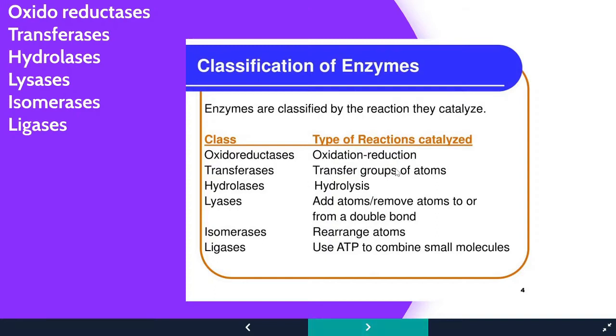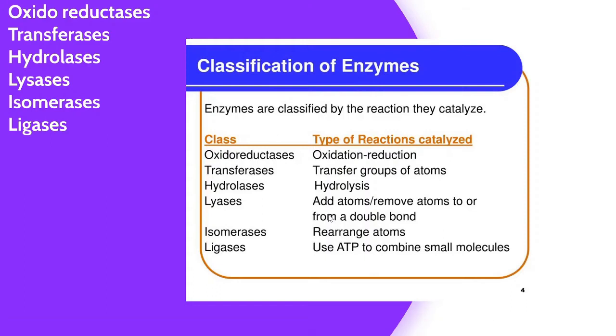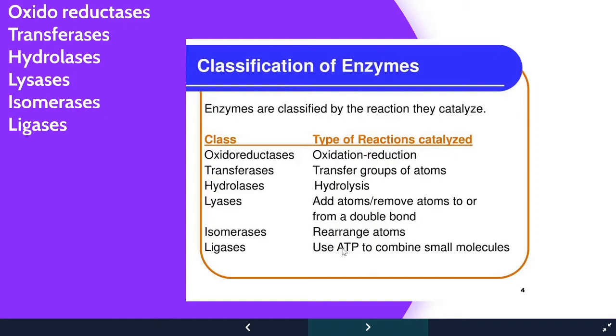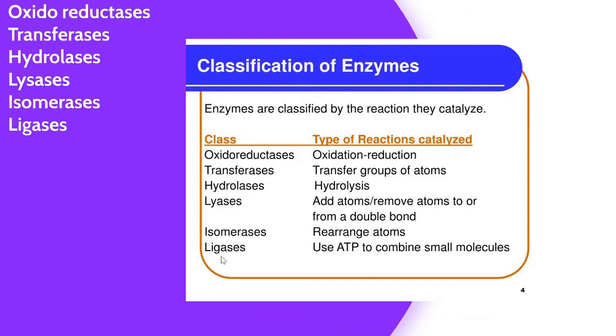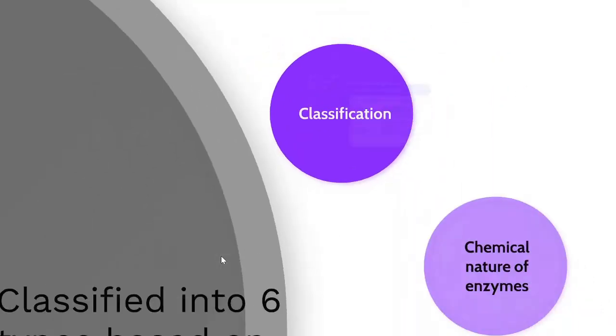Transferases help in transferring a group of atoms. Hydrolases catalyze hydrolysis, lyases add or remove atoms from a double bond, isomerases help in the rearrangement of atoms, and ligases use ATP to combine small molecules. So depending upon the reaction they catalyze, they were classified into these 6 types.